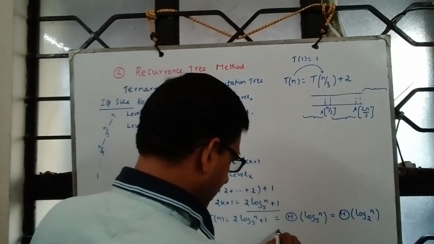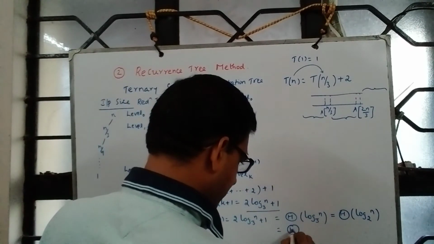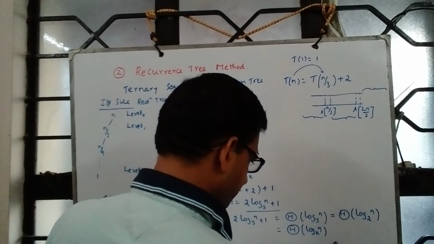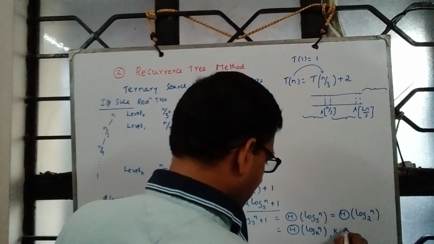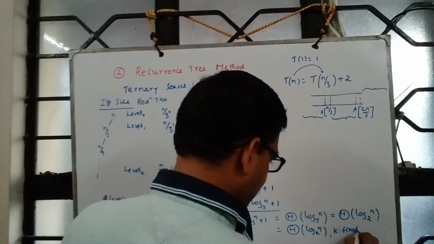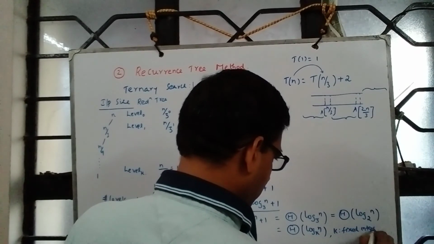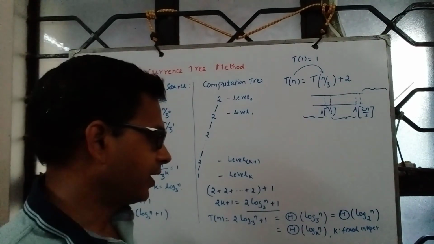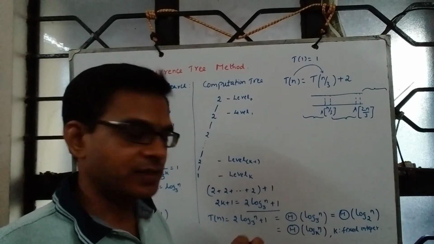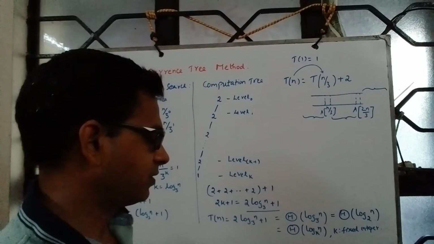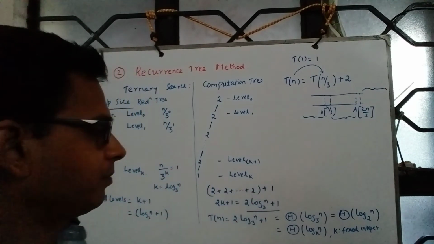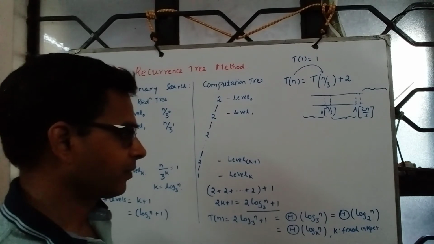Not just that, theta of log n base 3 is theta of log n base k, where k is a fixed integer. So in the asymptotic sense, binary search, ternary search, and k-way search, where k is a fixed integer, are all of the same complexity.